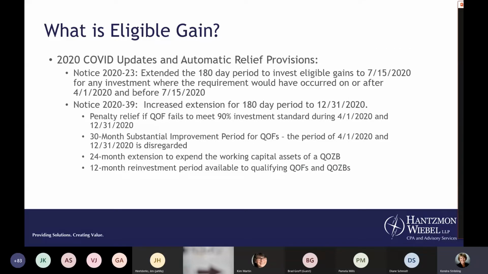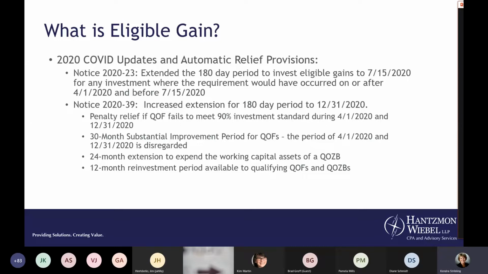Notice 2020-39 later increased the extension for the 180-day period to December 31st, 2020. It also provides penalty relief if the QOF failed to meet its 90% investment standard during the April 1st and 12/31 period. We'll go over this test a little later.